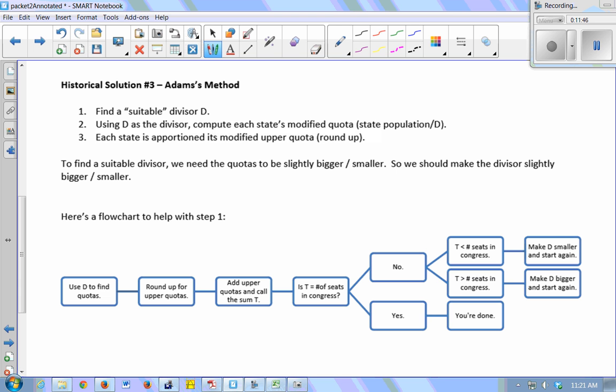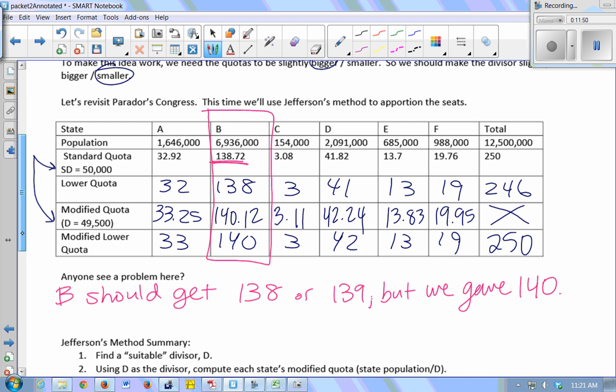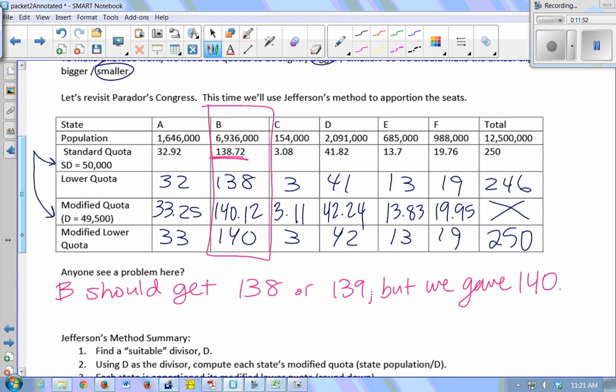So when everything's not rounded, if you use the standard divisor with the 50,000, right? If I were to have bumped all these up, so I'd get 33, 139, 4, 42, 14, 20, this would have added up to more than 250. Because with the decimals, it adds up to exactly 250. So if I round everything up, it's going to be too big.